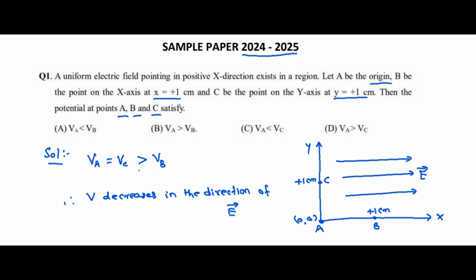So the potential at B will be smaller compared to A. So according to the options given, VB will be smaller compared to VC and VA. So option B is the correct option.